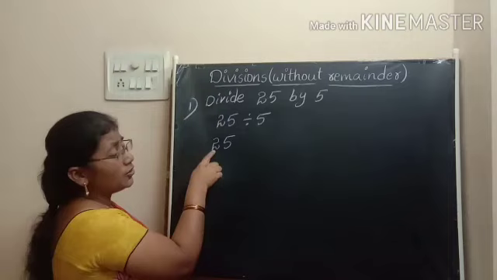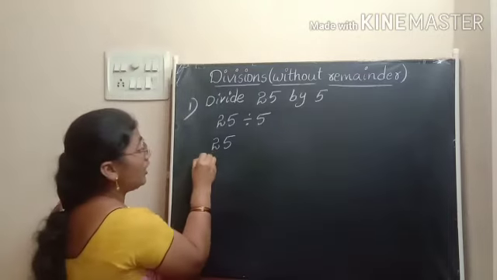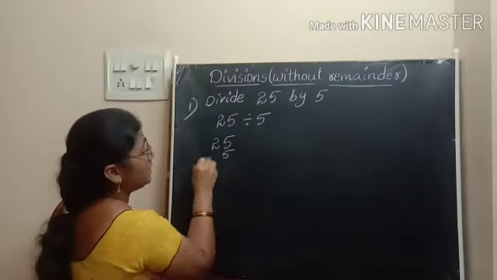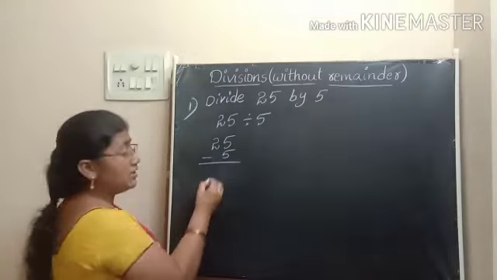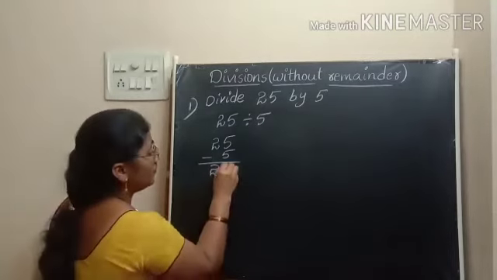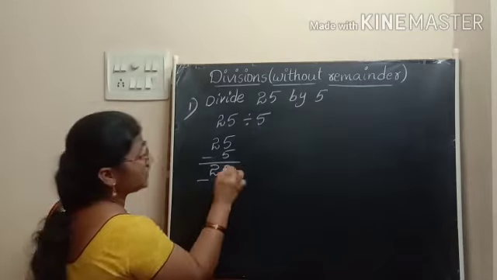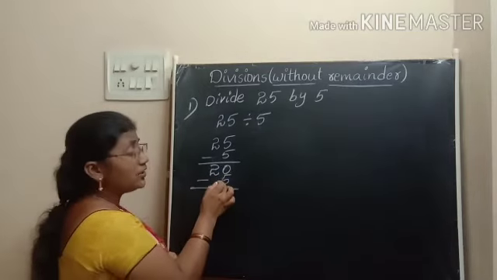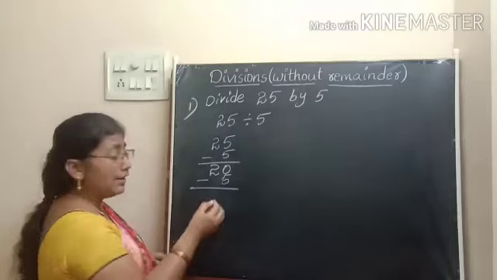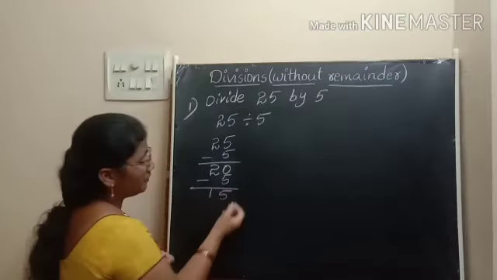First we should take 25. 25 minus 5 is 20. Again we have to subtract 5 from this result. By subtracting 5 from 20, we get 15.